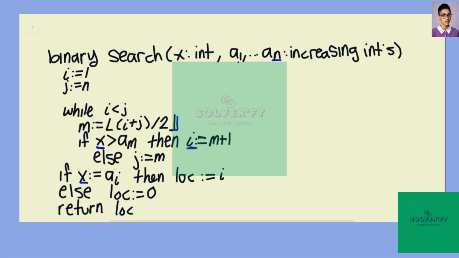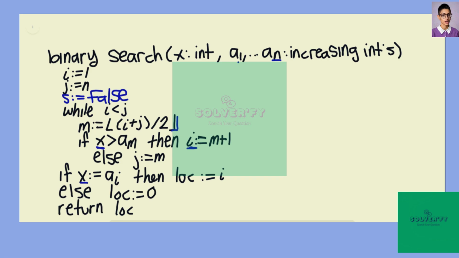And so now we want to change this so that at each stage we compare x to a sub m. So first we're going to introduce another variable s, and we'll set that equal to false.